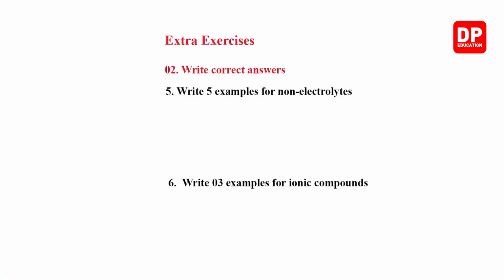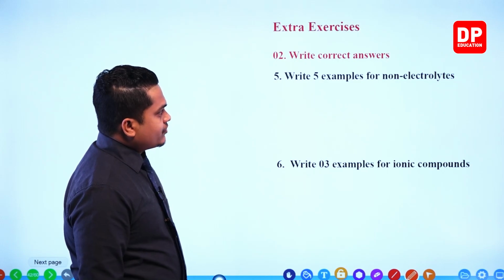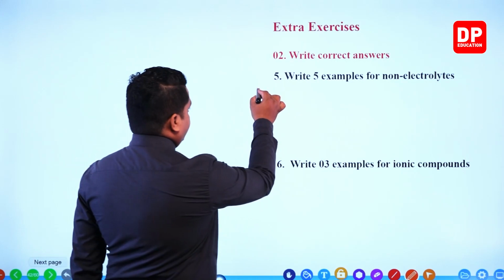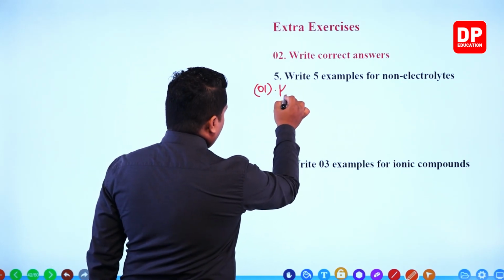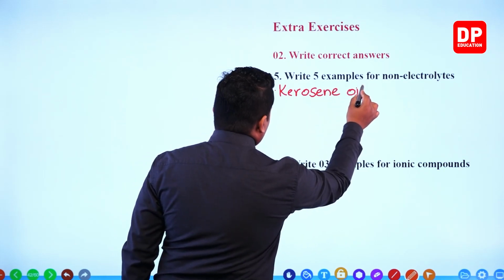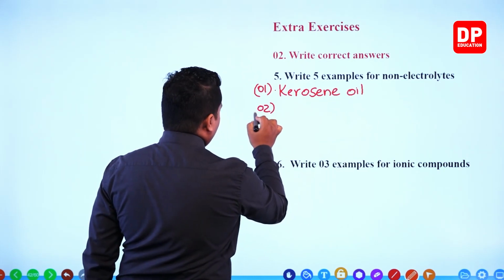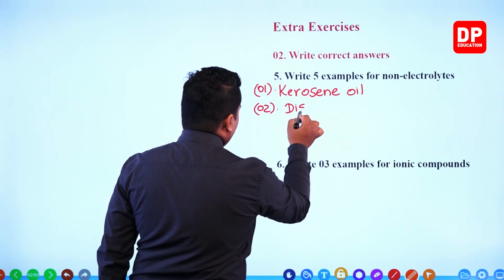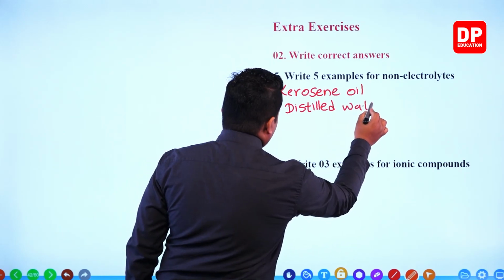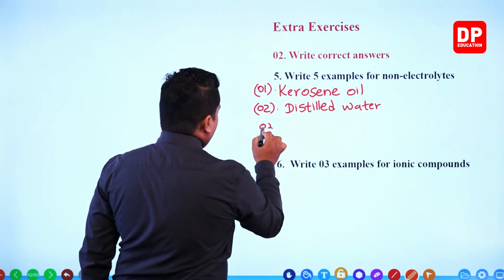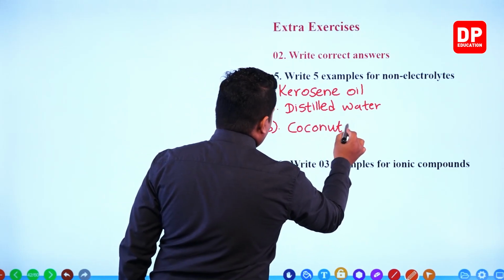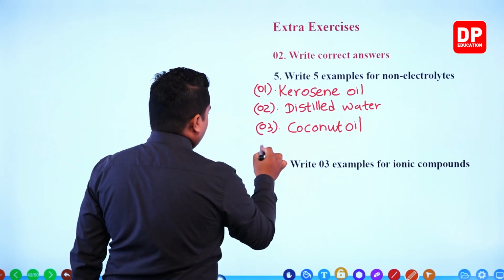Next one. Write 5 examples for non-electrolytes. 5 examples for non-electrolytes. Okay. Kerosene oil. Number 2. Distilled water. Number 3. Coconut oil.